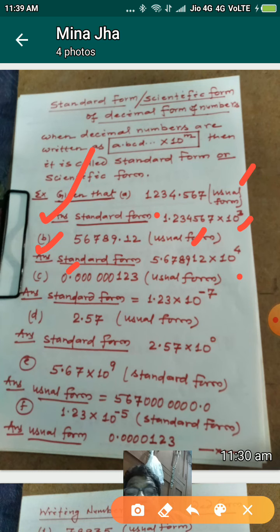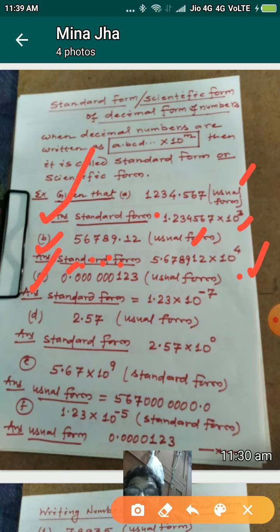For the power we again go to the question: we have put the point after 5, and in the question the decimal is placed differently. If we count, we are going right 1 2 3 4. For right, it is a positive power, so 4 places, that is why 10 to the power 4.